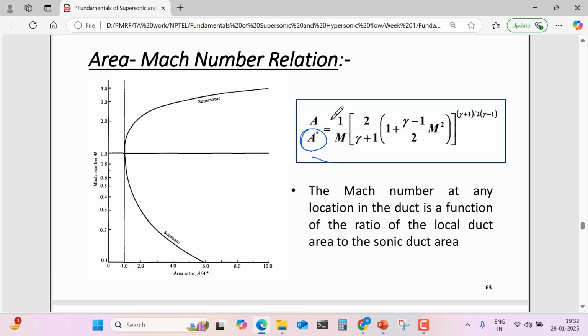So we can see that for a single area ratio there are two solutions. One is supersonic and another one is subsonic. Only for area ratio 1 it will become M equal to 1 only. So we get the two solutions, and which solution will be prominent will depend on the back pressure in the nozzle.